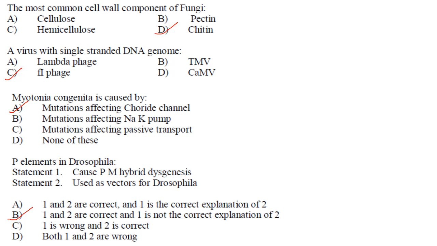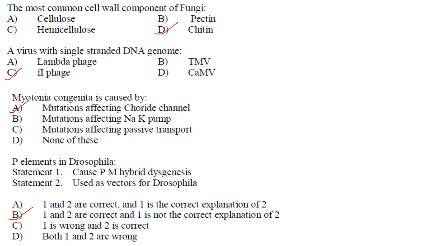If there is a mutation in the CLCN1 gene, there will be a reduction in the number of chloride channels. So myotonia congenita is caused by mutations affecting the chloride channel. That is why it is called a neuromuscular channelopathy. Channelopathy is a disease that affects the channels. So here it is the chloride channel that is affected.